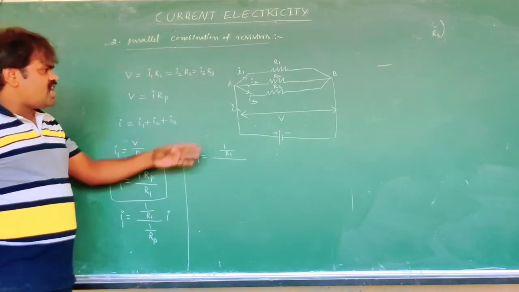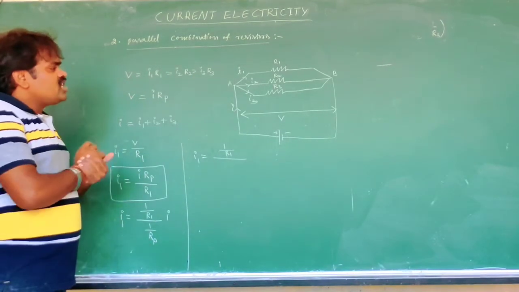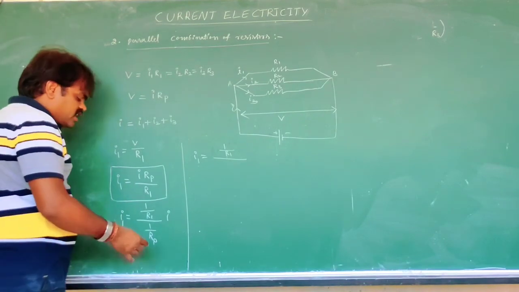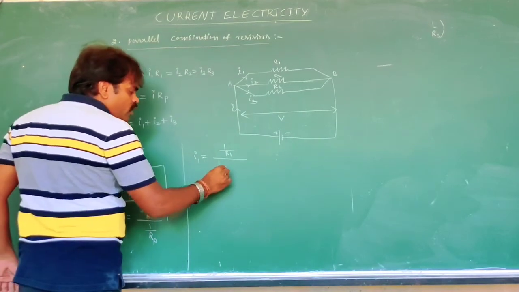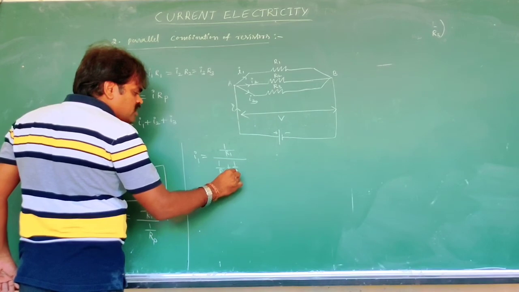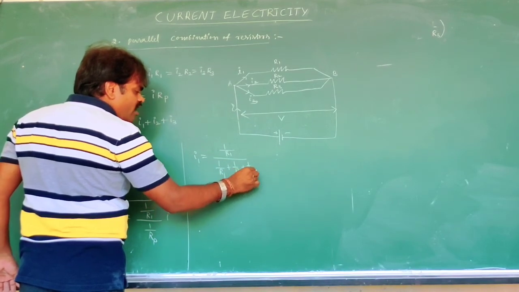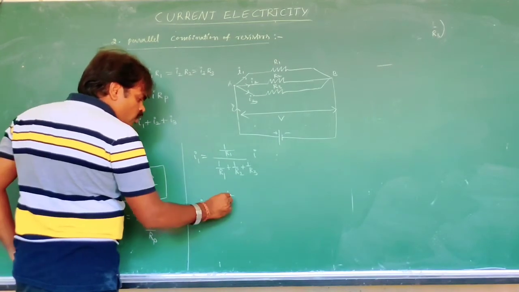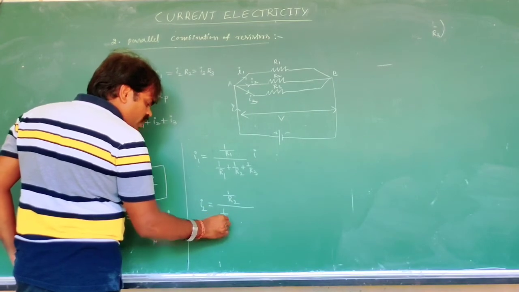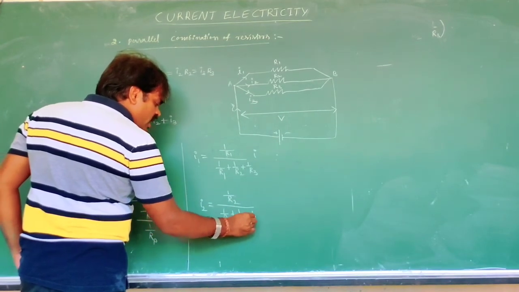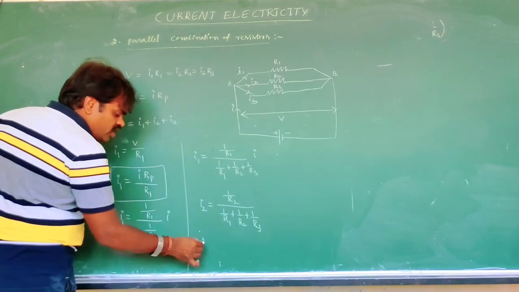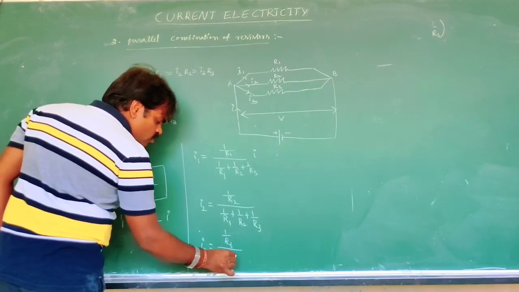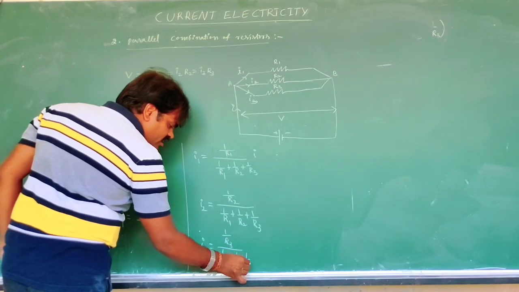The three resistors are connected in parallel, so the reciprocal of the equivalent resistance must be equal to the sum of the reciprocals of the individual resistances. 1 by Rp we know: 1 by Rp is equal to 1 by R1 plus 1 by R2 plus 1 by R3, into I. Similarly, I2 is equal to 1 by R2 divided by 1 by R1 plus 1 by R2 plus 1 by R3, into I. Then I3 is equal to 1 by R3 divided by 1 by R1 plus 1 by R2 plus 1 by R3, into I.